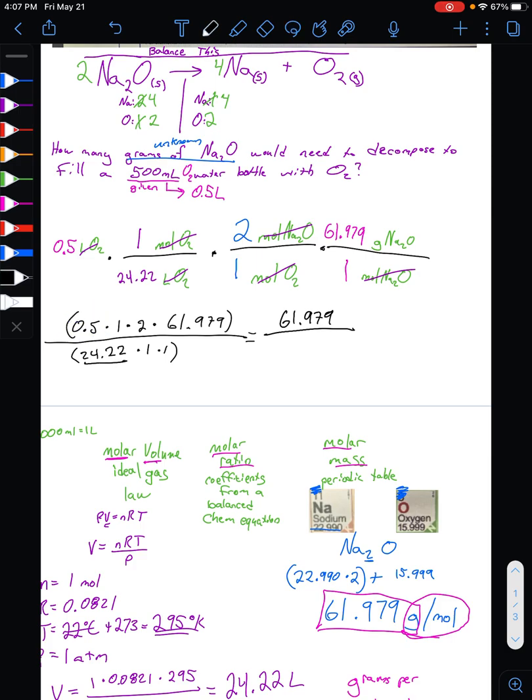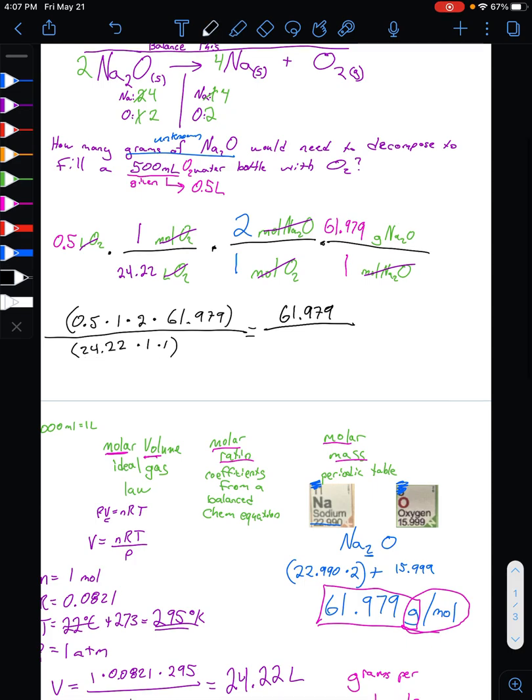Well, on the bottom, take that number times 1, you get the same answer. Times 1 doesn't do anything. 24.22 is the same, as plugging in my calculator just proves to you. 24.22 times 1 times 1, 24.22. Great.